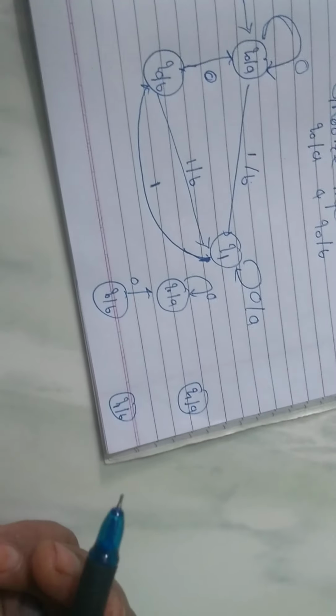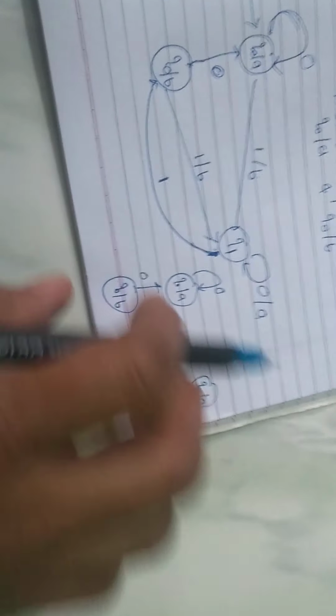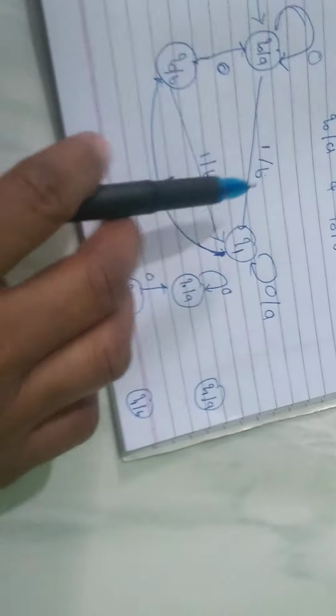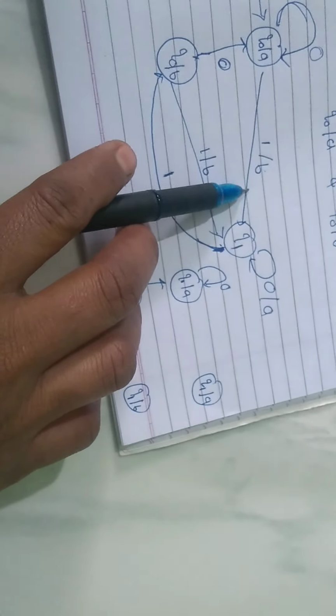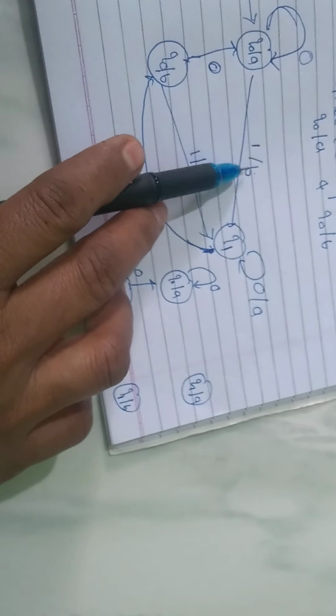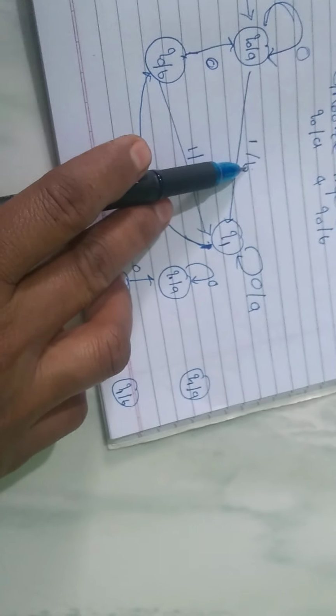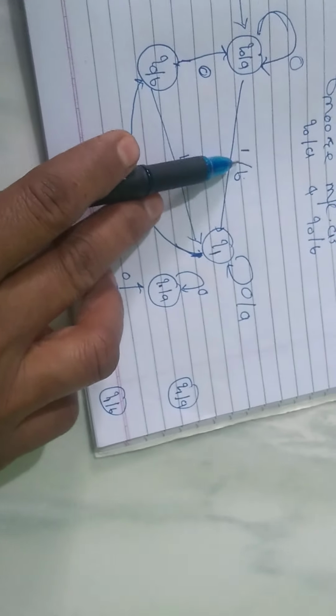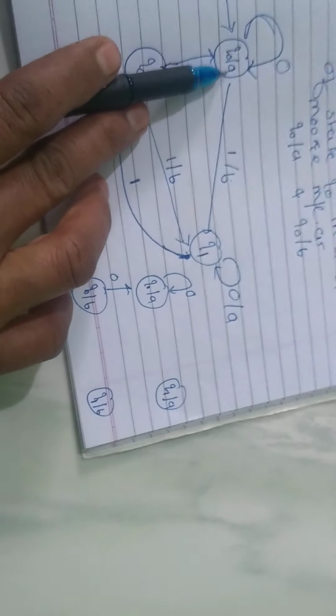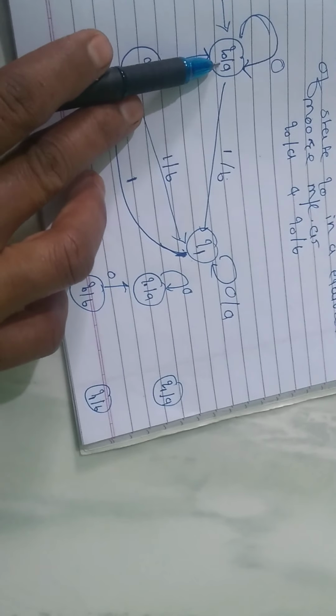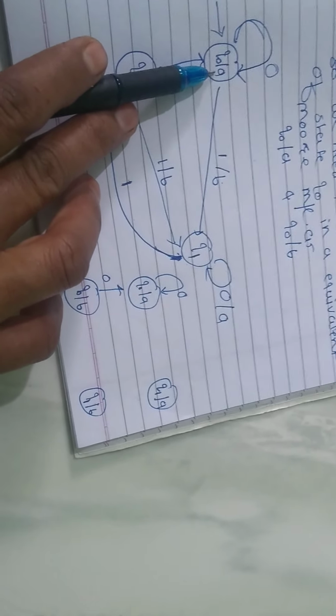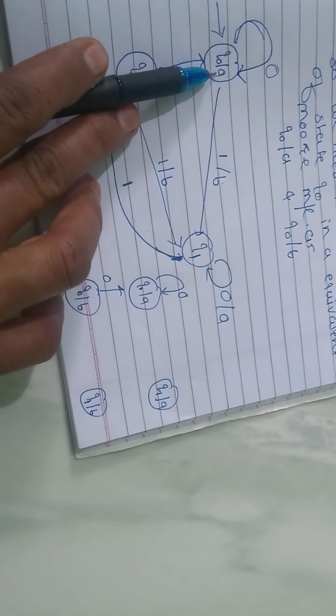Okay, now see the incoming transitions and their source states. Now if you consider this transition, 1 oblique B, it comes from Q0 oblique A, so the source is Q0 oblique A. Now which state of Q1 will it go to?